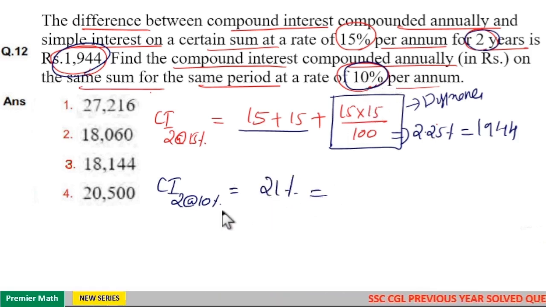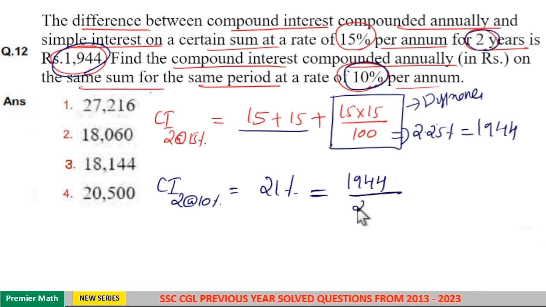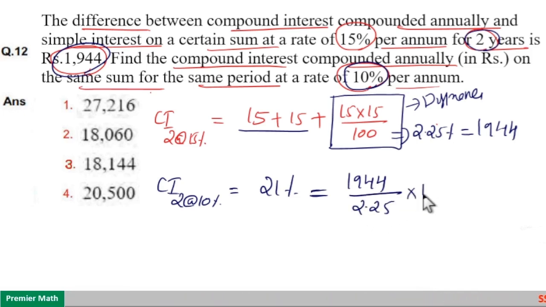If 2.25% is 1944, then 21% is 1944 divided by 2.25 into 21.